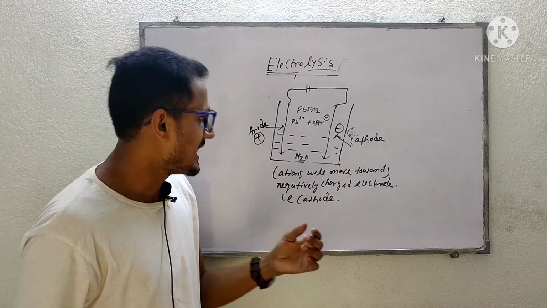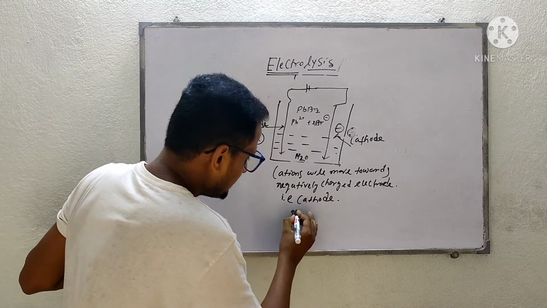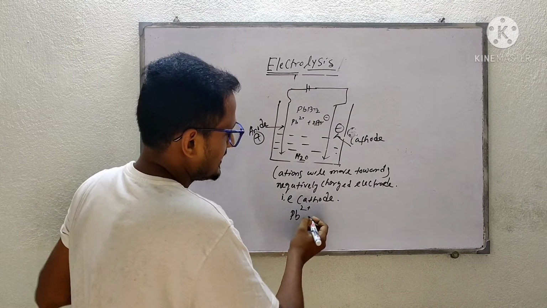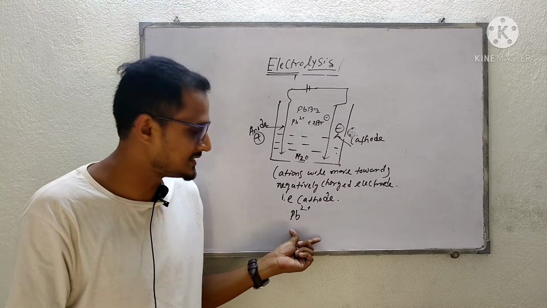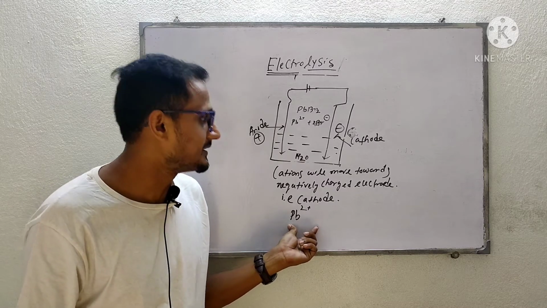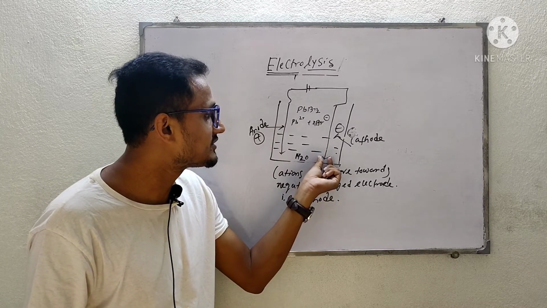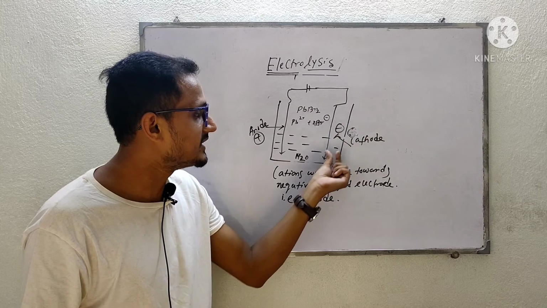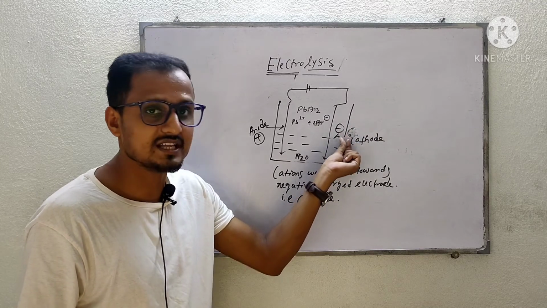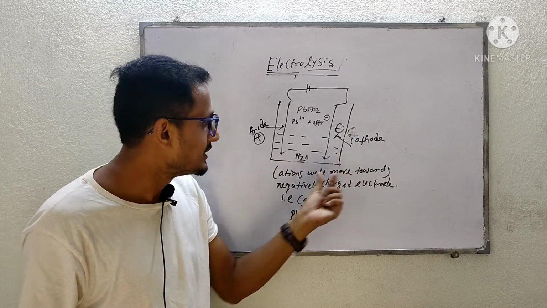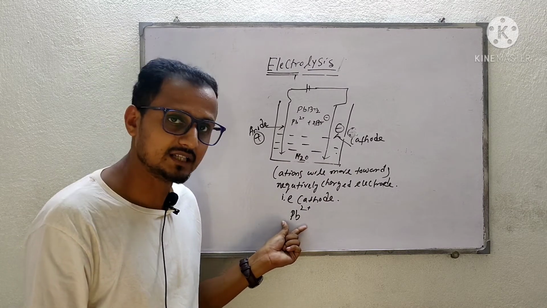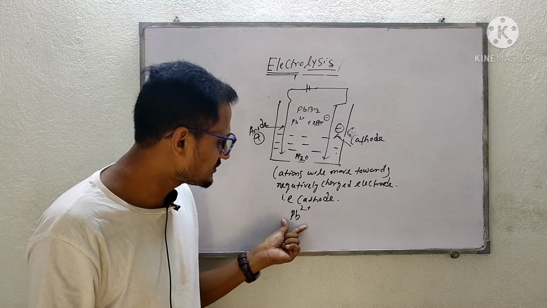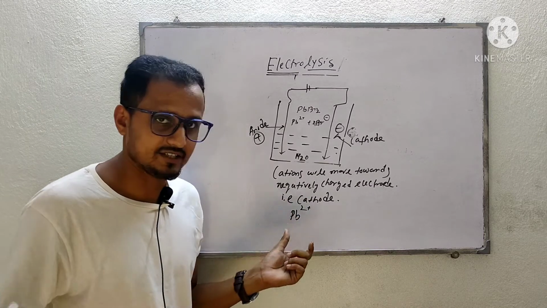Now what will happen? As this cation like Pb2+ has a smaller number of electrons, that means it is an electron deficient species, that's why it is positively charged. But this cathode has a higher density of electrons, that's why it is negatively charged. So it will try to make a neutral element.